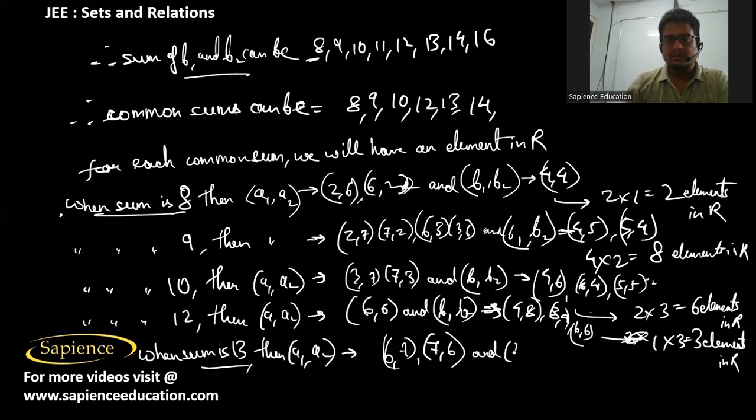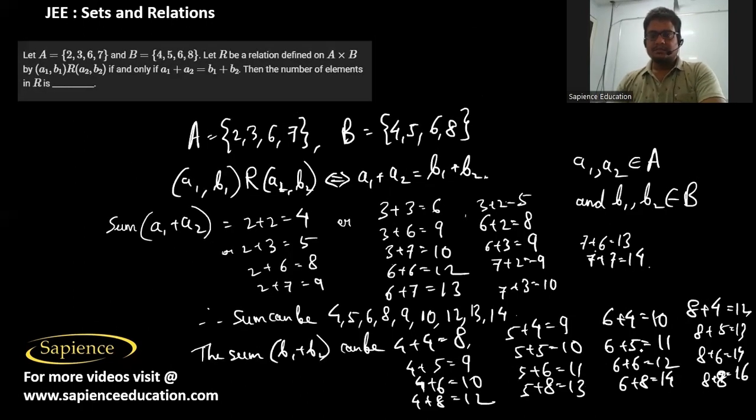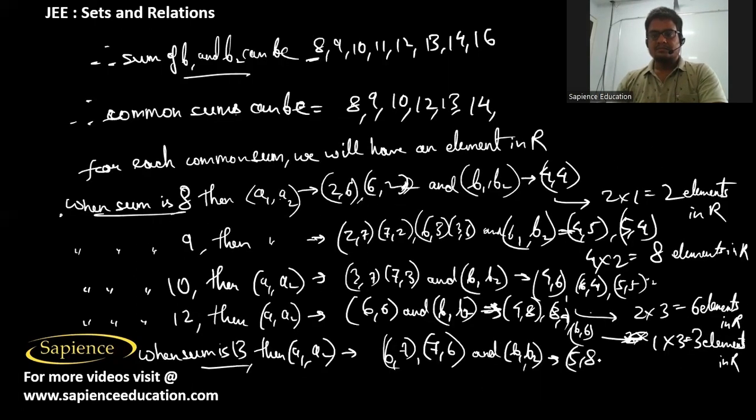And b1 comma b2, since the sum is 13, is 5 comma 8 and 8 comma 5. So therefore here also we will have 2 into 2, that is 4 elements in the relation R.